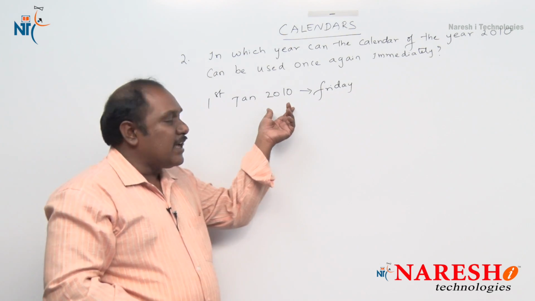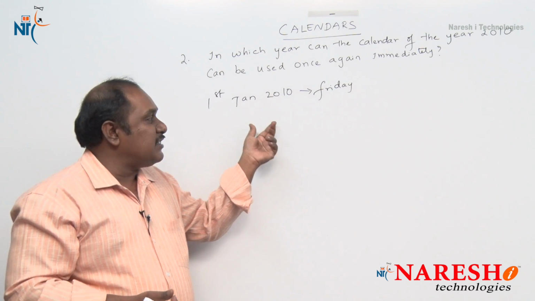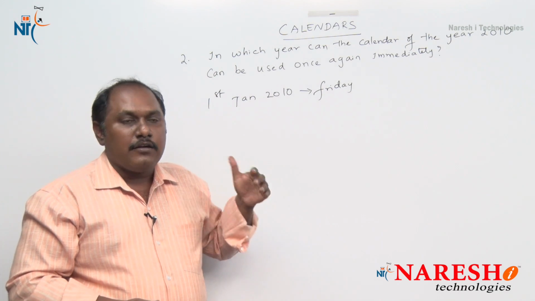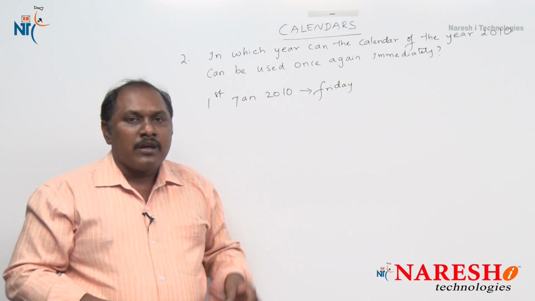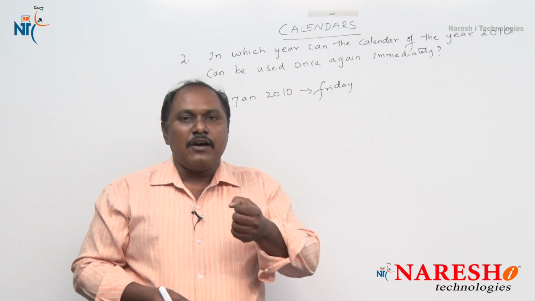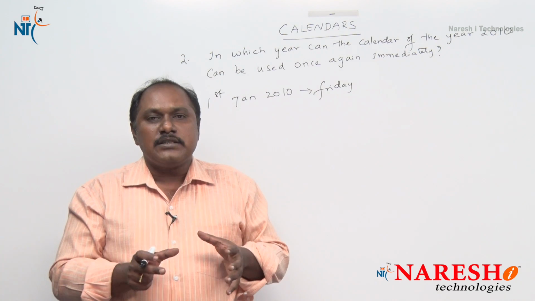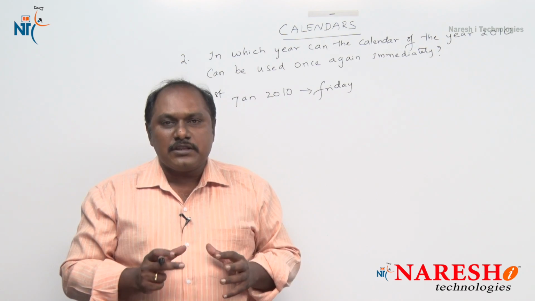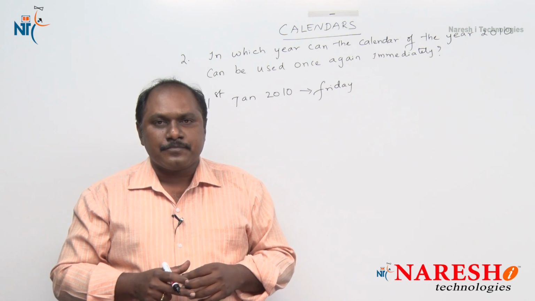I can use this calendar once again if 1st January of any particular year after 2010 falls on Friday. To tell the answer, there are two methods. One is a direct shortcut, or you can tell the answer in a general way. First let us discuss how to tell the answer in a general way.